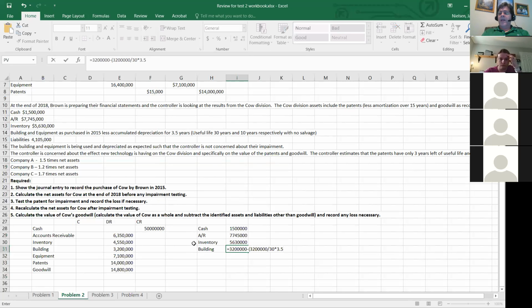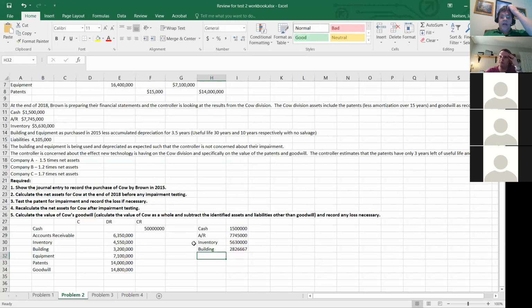So that's the depreciation for the last 3.5 years. If you want to figure it out per year and add it up, that's fine. Lots of different ways, but that building would be right there at 2,826,667. That would be our carrying amount, how much the net building would be after accumulated depreciation.